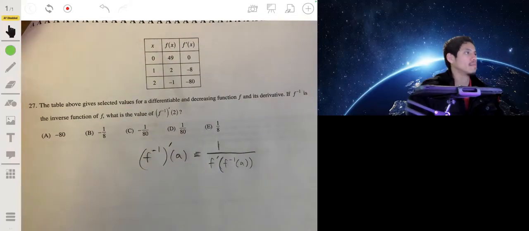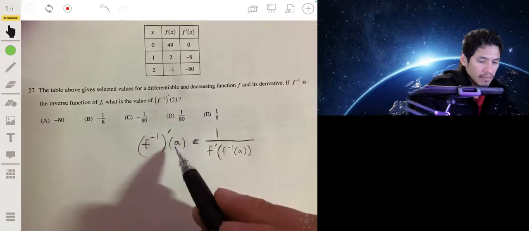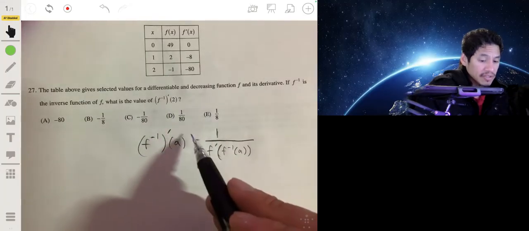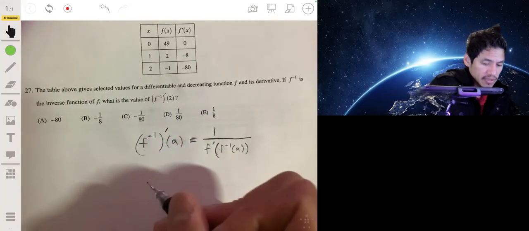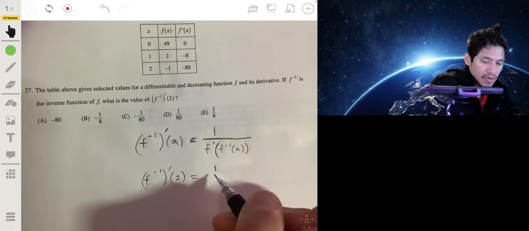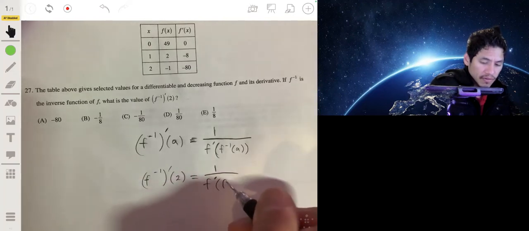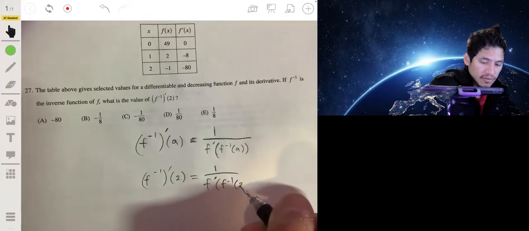So we're trying to find this for when a is 2, the derivative of the inverse at 2, so that'll be 1 over f prime of the f inverse of 2.